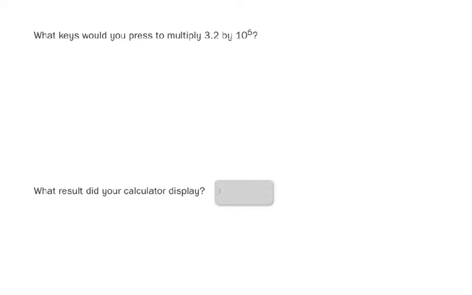Well, on my calculator, I would put in 3 and 2 tenths with that decimal point, and then I would take it times 10 6 times. So I'm going to count out loud. You do it with me. Times 10, times 10, times 10, times 10, times 10, times 10. And here's the answer I get.